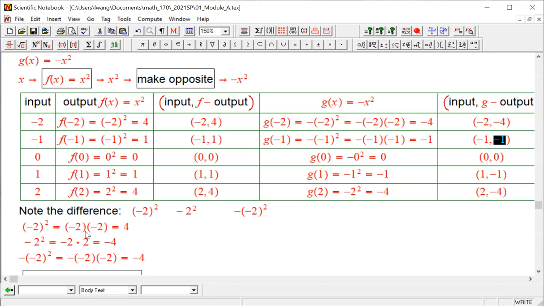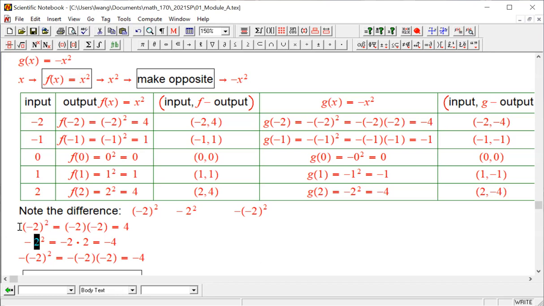Be very careful, these operations are different. Here we want to show you the difference. (-2) squared is -2 times -2. If we don't have the parentheses, it's -2 squared, and the base is regarded as 2. Here the base is -2, while in this case the base is 2.